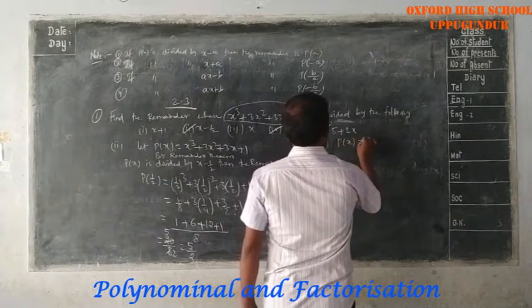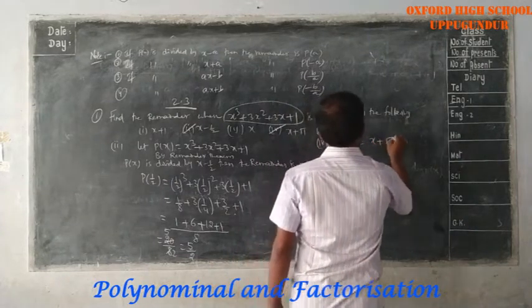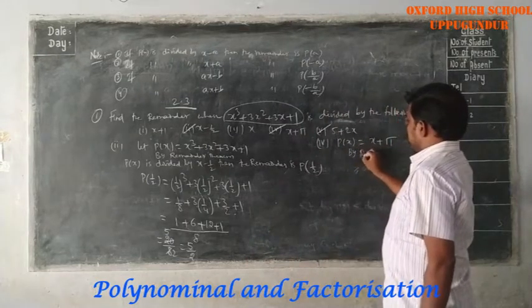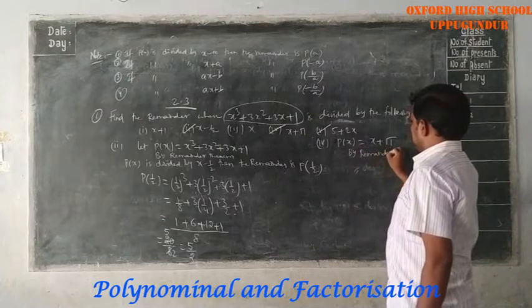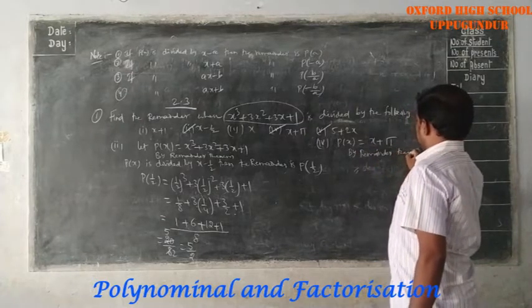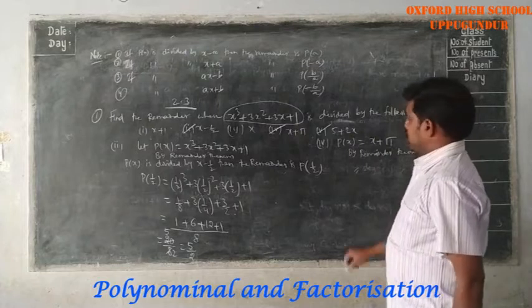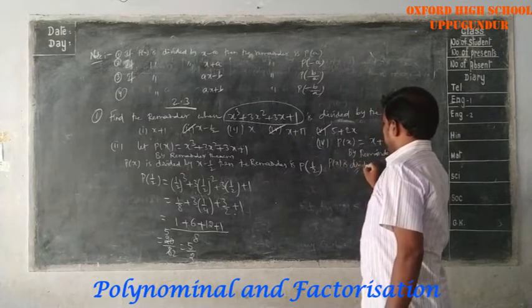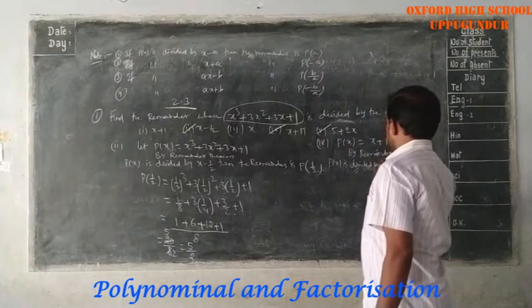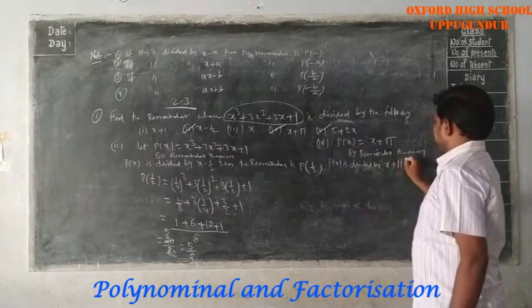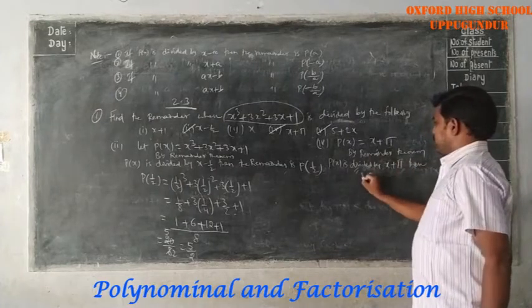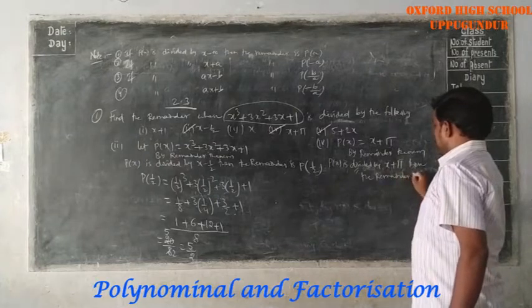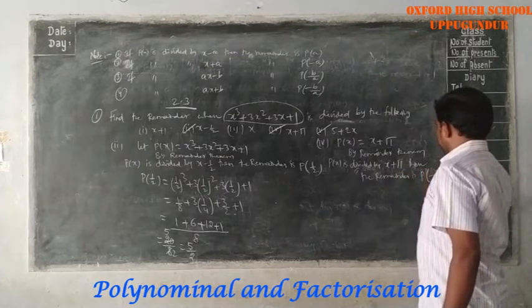P of x equal to x plus pi. So by remainder theorem, if P of x is divided by x plus pi, then the remainder is P of minus pi.